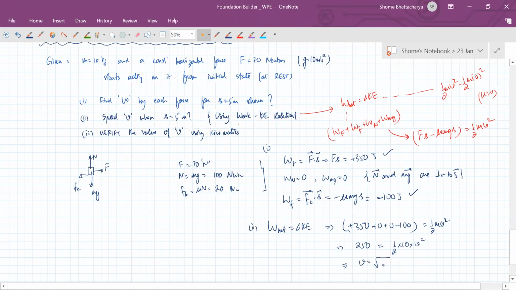So v is equal to square root of 50. Yeah, mass is 5 kg, na? So Rishi, it will be root 50 and not root 100. Just check the value of m that you have taken, might have taken wrong.